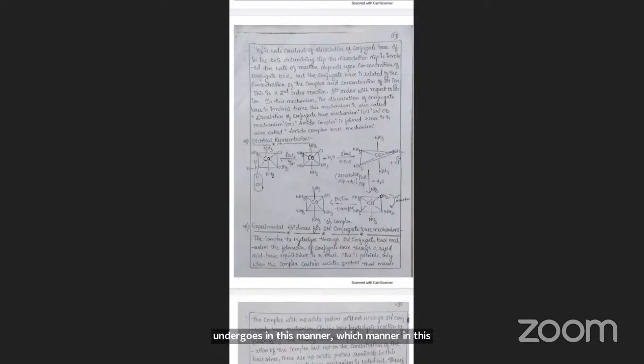What happened here? First, the six-coordinate complex. That is the fast step, and it involves the hydroxide ion, that means a base. One of the ammonia ligands loses one proton.